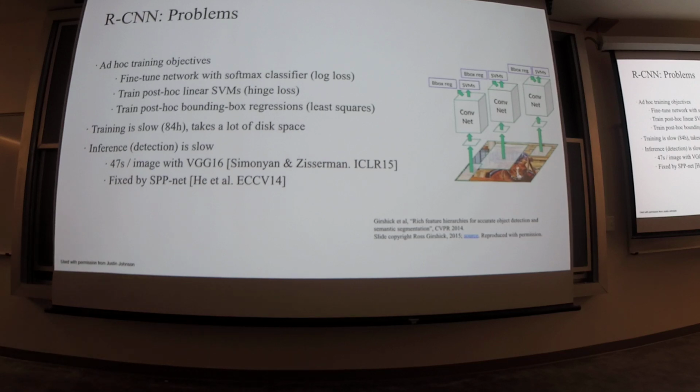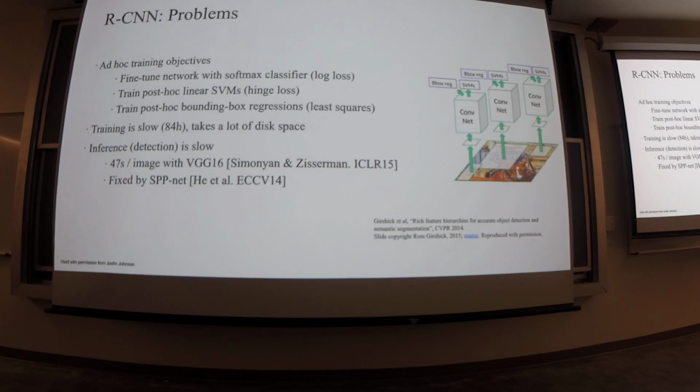It's really strange. I don't have a good understanding of why they didn't do this all end to end from the beginning. That's what's coming next. If you have learned anything so far, we try to do everything end to end, but this has a kind of weird way of doing it. You start with a pre-trained network and fine tune it doing classification, so this is softmax with cross entropy.